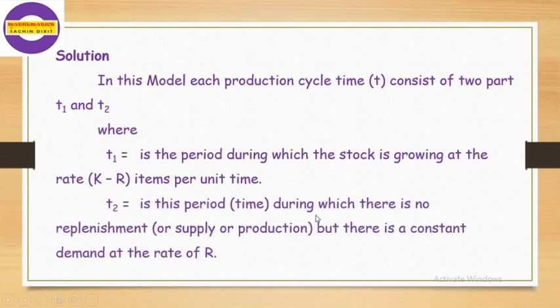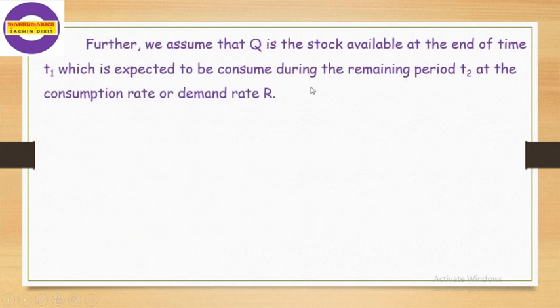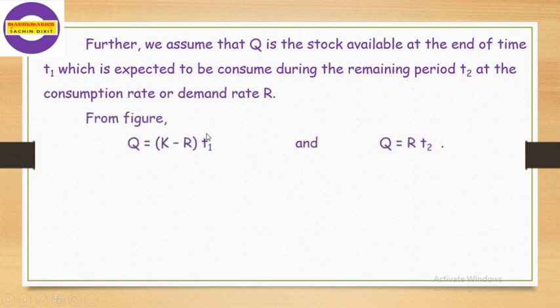T2 is the period during which there is no replenishment or supply or production, but there is a constant demand at the rate of R. Further, we assume that Q is the stock available at the end of time T1, which is expected to be consumed during the remaining time period T2 at the consumption rate or demand rate R. From the figure, capital Q is equal to K minus R into T1 and capital Q is equal to R into T2.